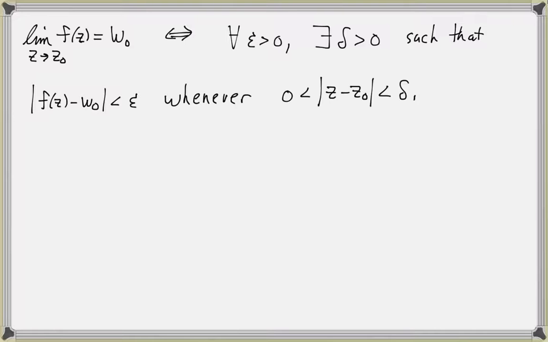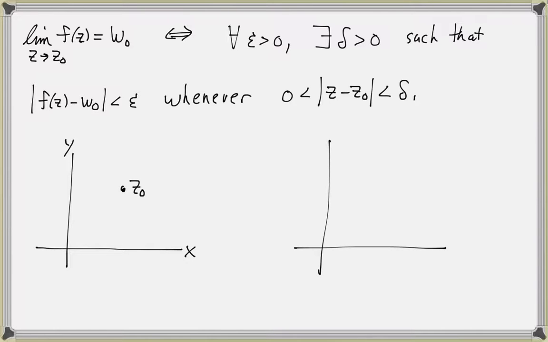So let's draw a picture of this definition. So we have z0 in the z-plane, and we have w0 in the w-plane.